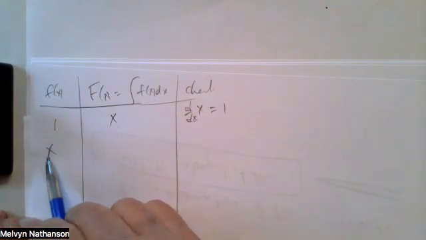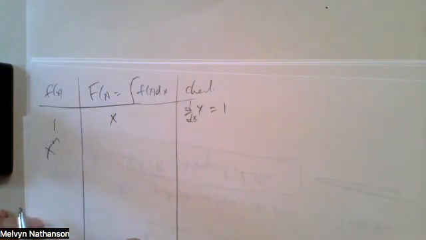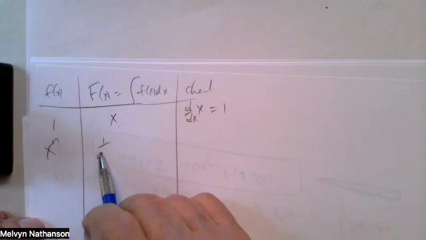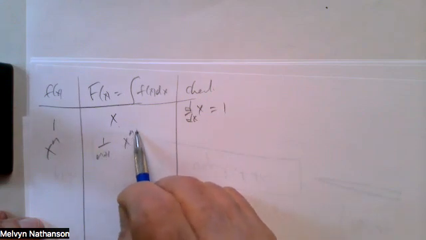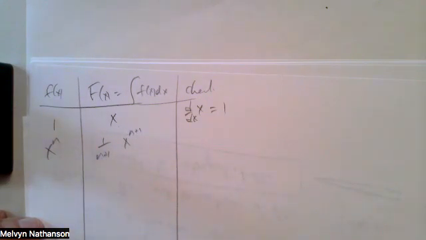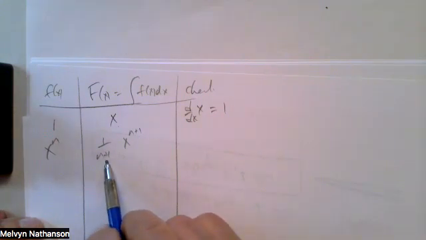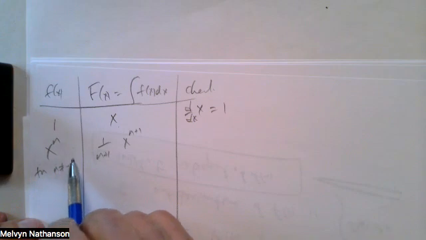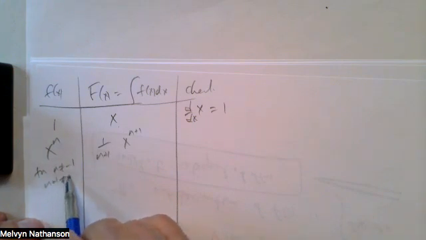If I take any power x to the n, with one exception, the antiderivative is 1 over n plus 1, x to the n plus 1. What is the exception? I can't divide by 0. So this is for n not equal to minus 1, that is n plus 1 different from 0.